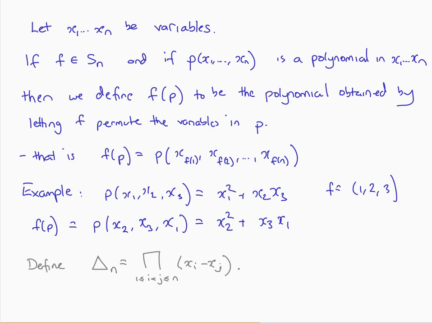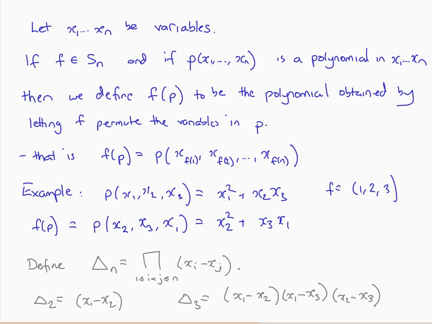So for example, delta 2 would be just a single factor x1 minus x2, and delta 3 would be the product of all factors xi minus xj, where i is less than j and i and j are between 1 and 3. So we have x1 minus x2, and x1 minus x3, and x2 minus x3, and that's it.